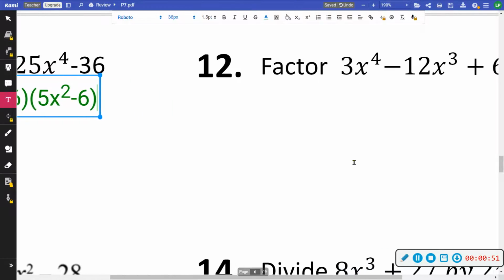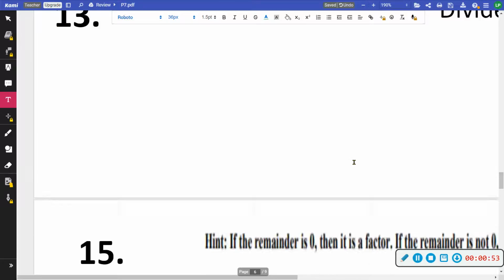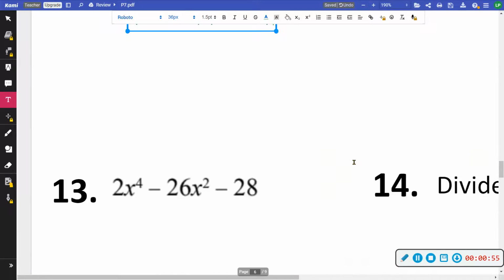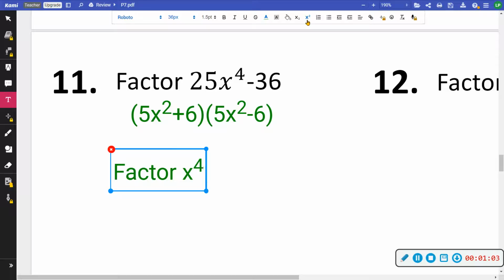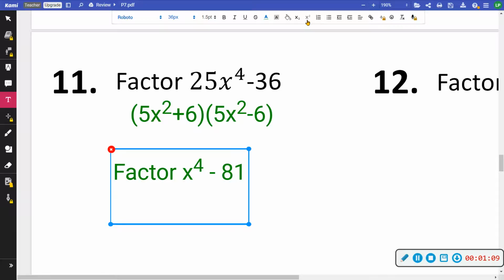But there are some problems, and I don't remember if I had one like this. But let's say they said factor x to the fourth minus, let's do 81. I just want to show you because I think you might see a problem like this.